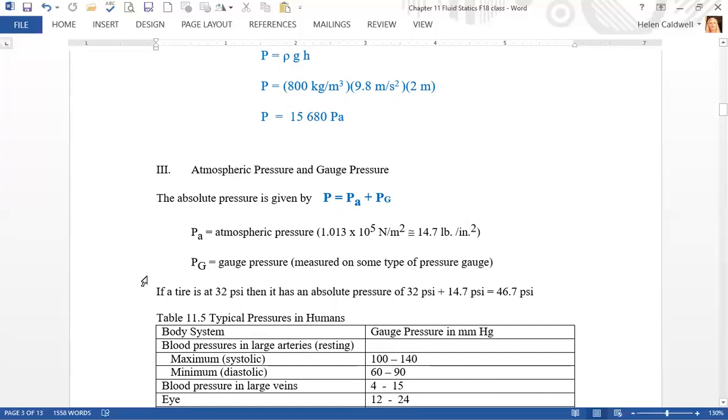If your tire had a 32 psi pressure measurement, then it's 32 psi plus 14.7 psi for air pressure, which would give you 46.7 psi. So you have to be careful what pressure you're talking about. You need to be specific. Are we talking about atmospheric pressure, gauge pressure, or absolute pressure?